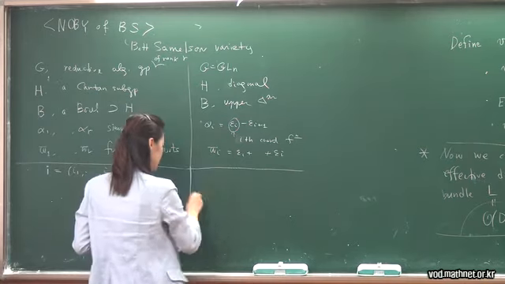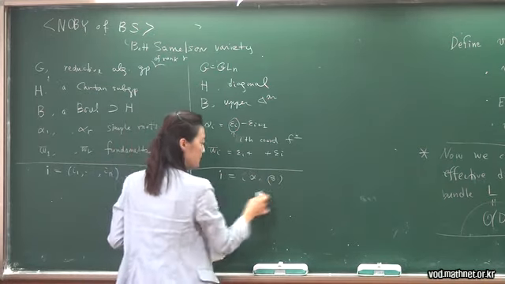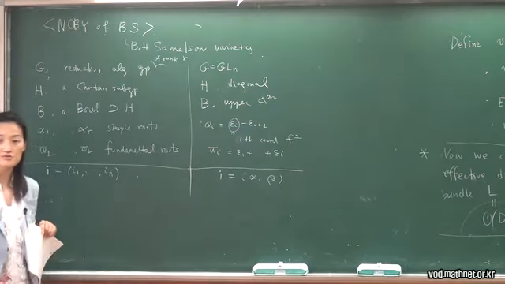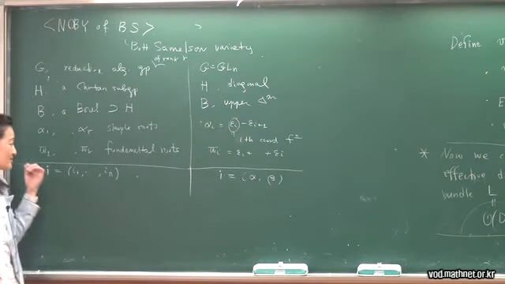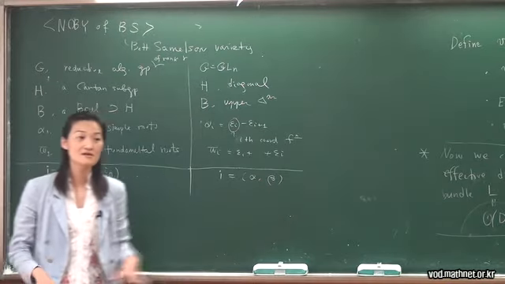Sometimes I will just say alpha and beta, choosing 2 simple roots. Sometimes I will write down the indices, sometimes the simple roots.